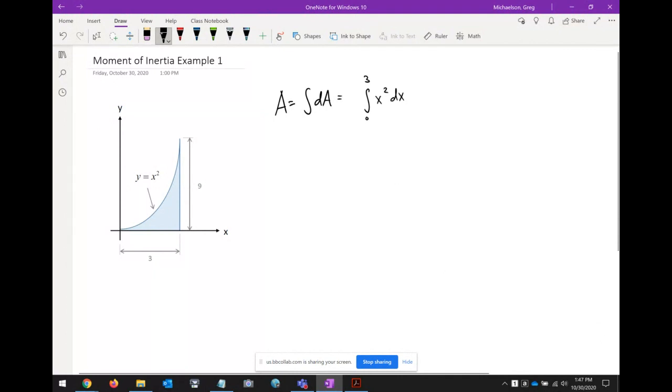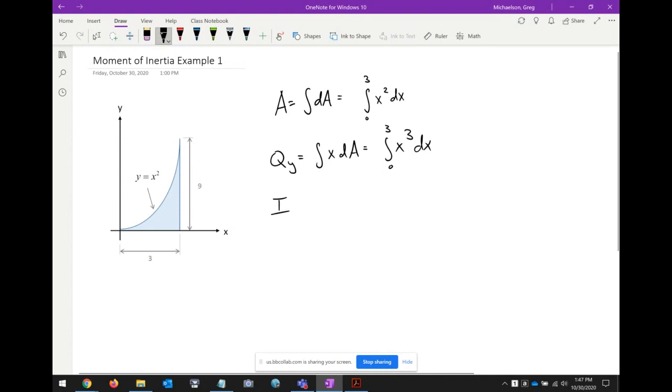Then we had the first moment of area, Qy, which was the integral of x dA. We integrated from 0 to 3, and instead of x squared, it's just x to the third. Well, you could see where this is going.